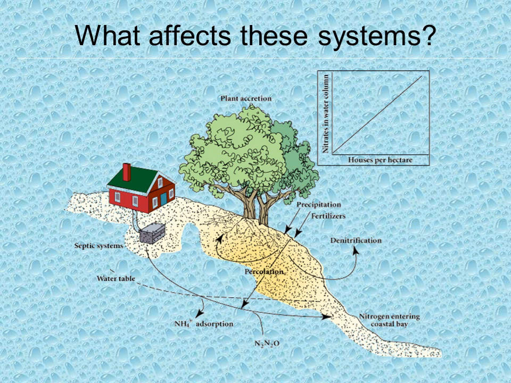So what this figure demonstrates is that there is a constant flow of nitrogen from local habitats, where we all live, into local bodies of water like the Long Island Sound. And the graph there shows the nitrate in the water column and the houses per hectare. And what that demonstrates is that as the number of houses increases, the amount of nitrates in the water column increases as well.